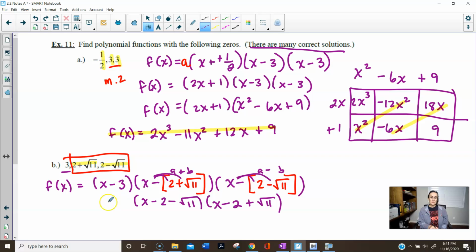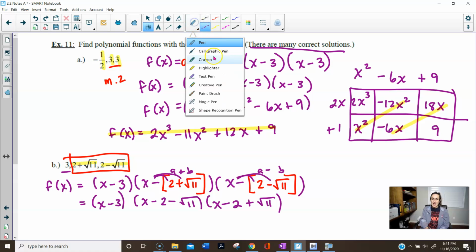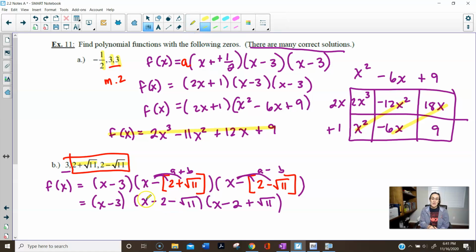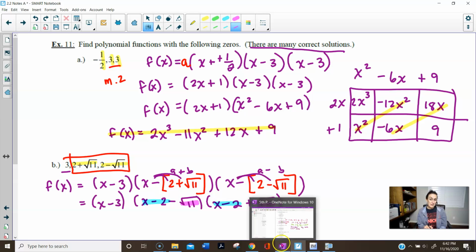And what I want you to notice here is that we have a really cool pattern of conjugates. And so I can group x minus 2. Those are identical. So that would be your A. And then you have a subtract root 11, and you have a plus root 11. So that would be your B.